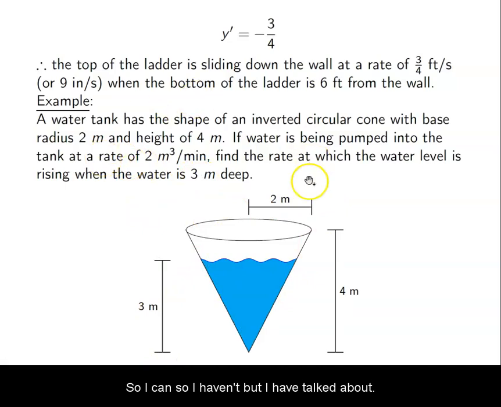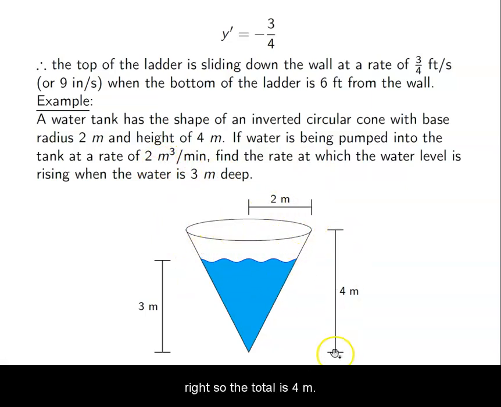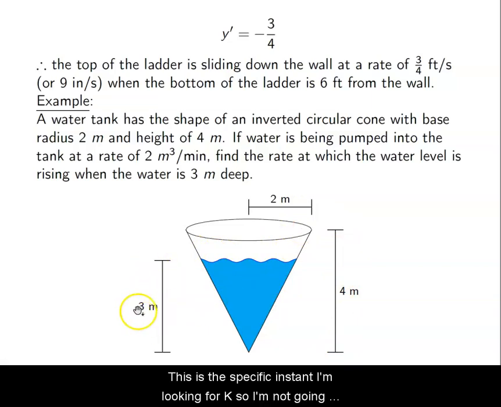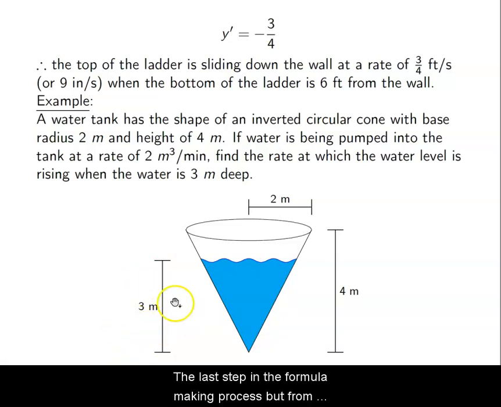I haven't labeled anything with derivatives yet, but I have talked about what I have so far in terms of what it looks like, right? So the total is 4 meters. This is the specific instant I'm looking for, okay? So I'm not going to use 3 yet until I get an equation and I can do a whole bunch of stuff. This is kind of like the last step in the formula making process.